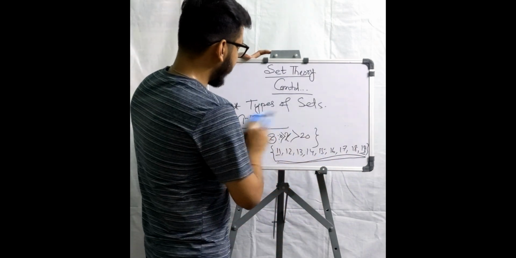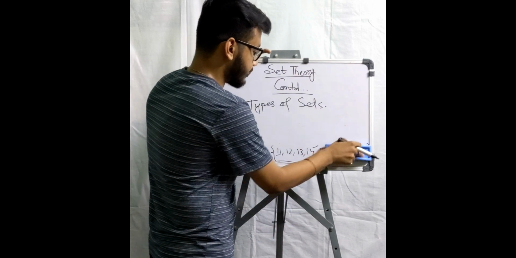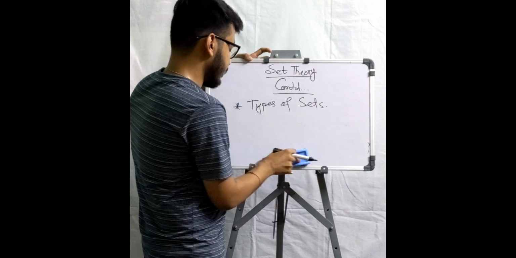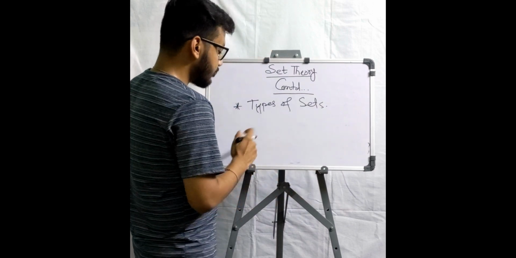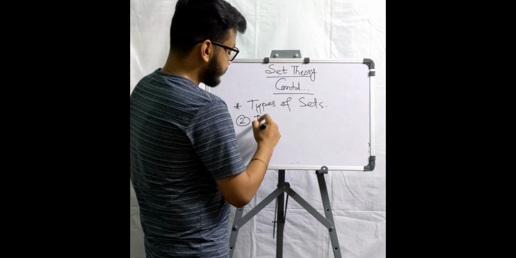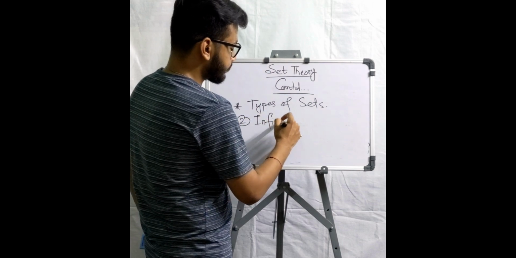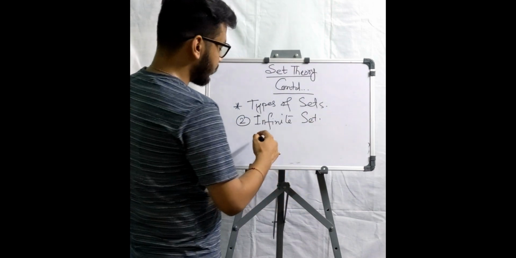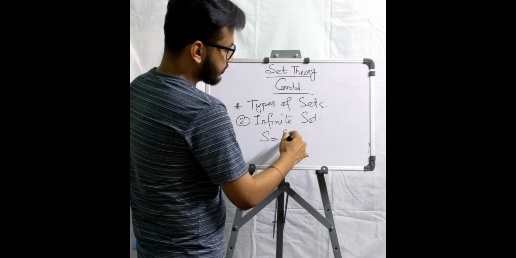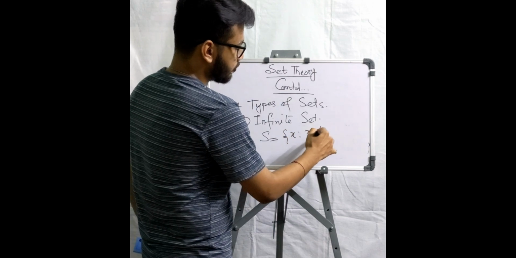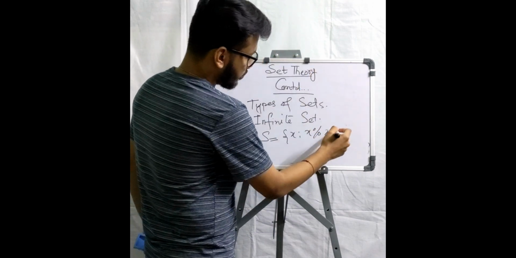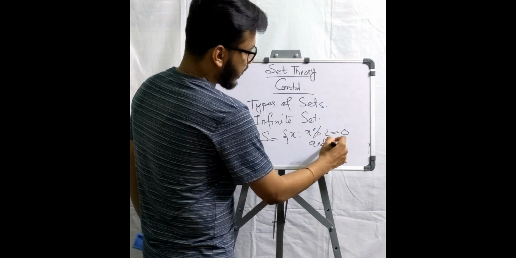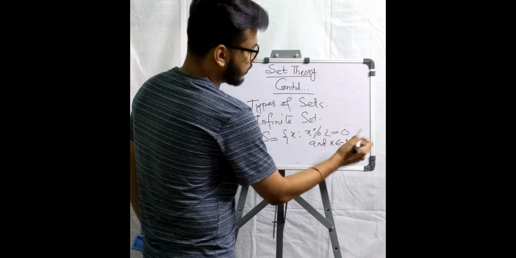Secondly, we have got something called an infinite set. So what is an infinite set? It's similar to a finite set: any set which has got infinite elements is an infinite set. For example, x such that x mod 2 equals 0 and x belongs to the set of natural numbers.